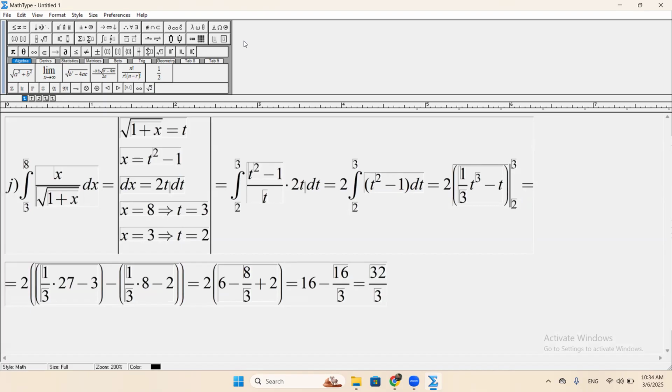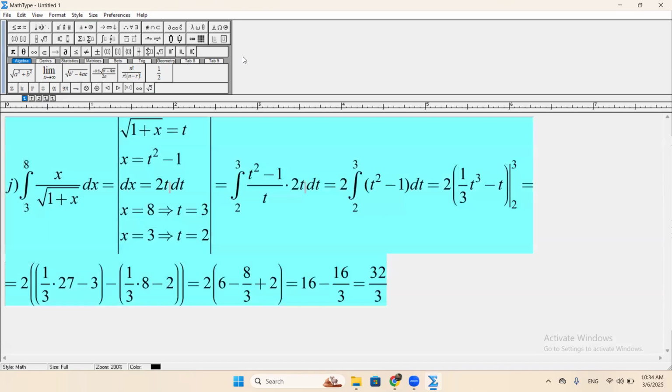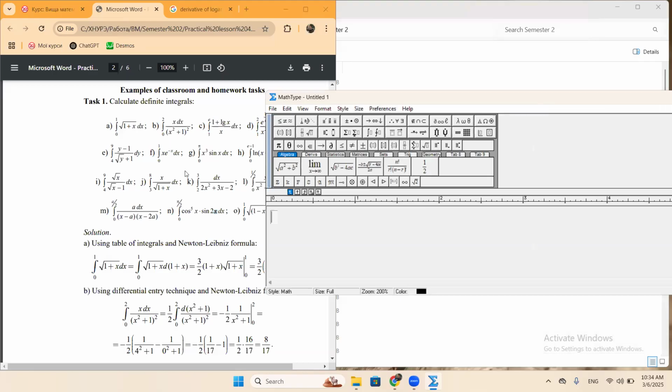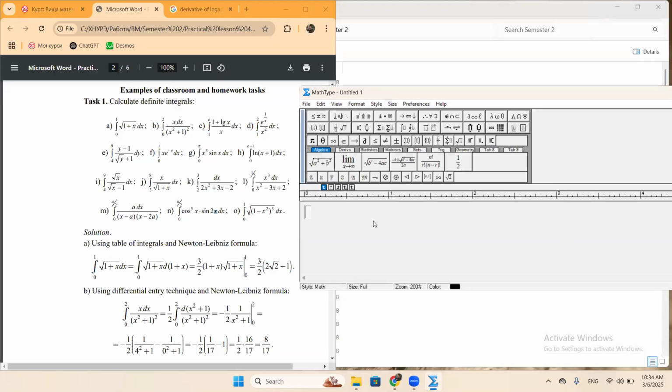No questions. Okay, if no questions, let's move next. So the following integral, k, from 2 to 3, dx divided by 2x cube plus 3x minus 2.